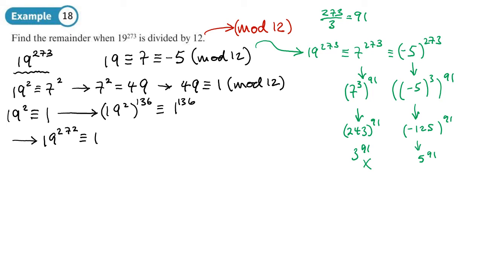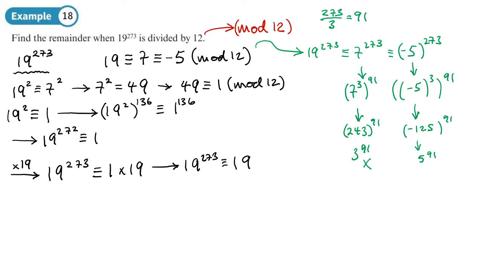Which is useful. So if I want 19 to the power 273, what I need to do is times both sides by 19. So 19 to the power 273 is congruent to 1 times 19, which is basically 19. So 19^273 is congruent to 19.